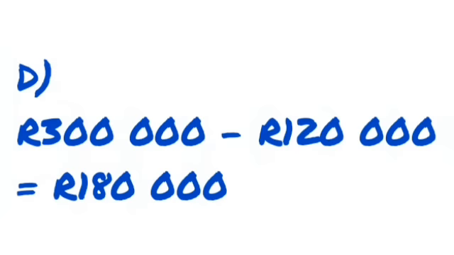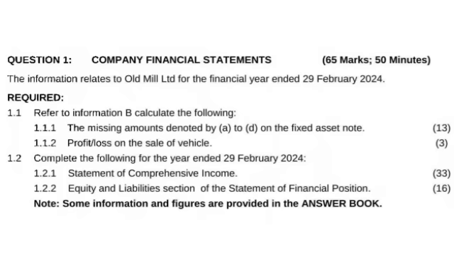So start with the amount at the bottom, which is 300,000, minus from it the 120 that was added, and that's going to give me the amount to which the 120 was added for it to end up being 300 in the end. So the amount at the beginning becomes 180, because if you put 180 at the beginning and you add 120, it's going to give you the 300 at the end.